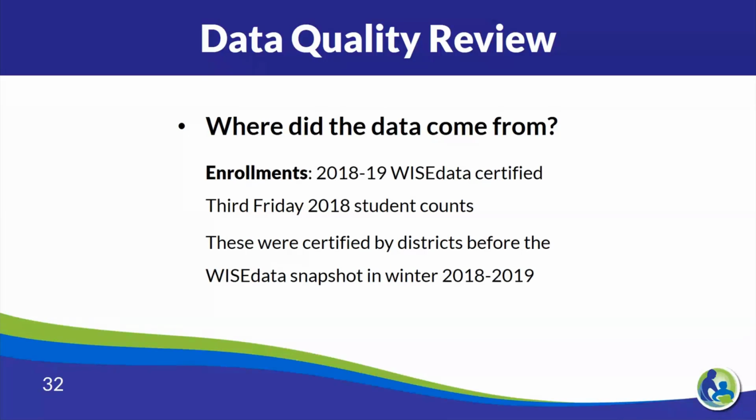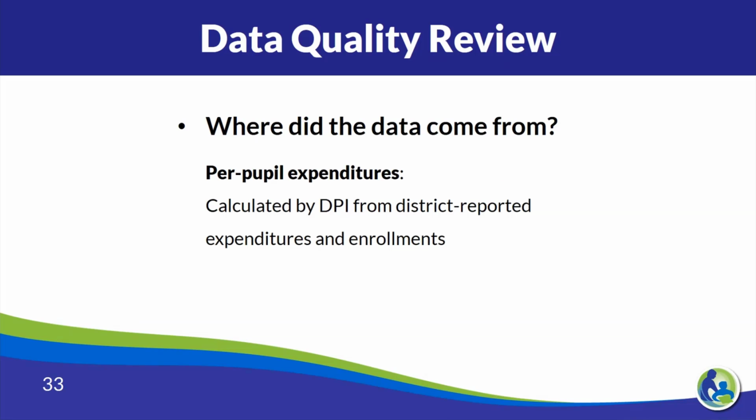The enrollments came from that WISE data, third Friday 2018 student count, which was certified for districts before the WISE data snapshot in the winter of 2018-2019. We take the two. It's a fairly straight division problem, and that's where we come up with the per pupil expenditures.